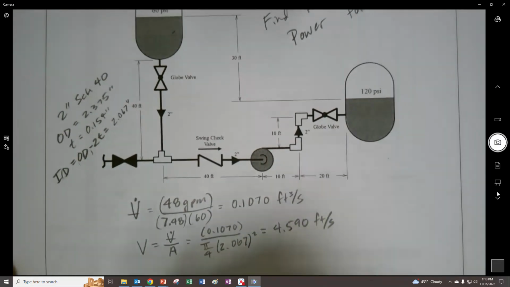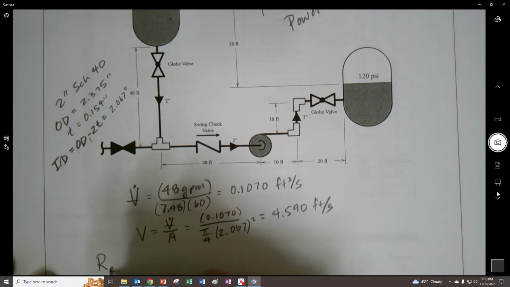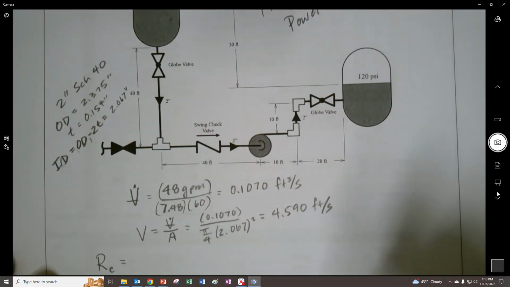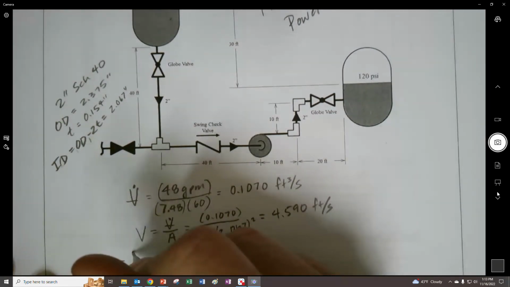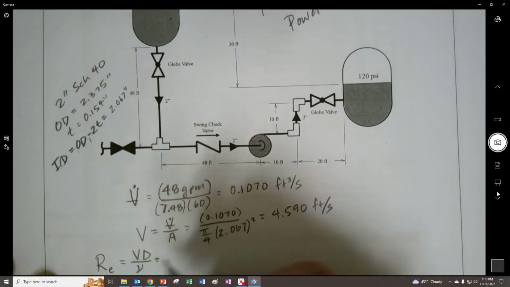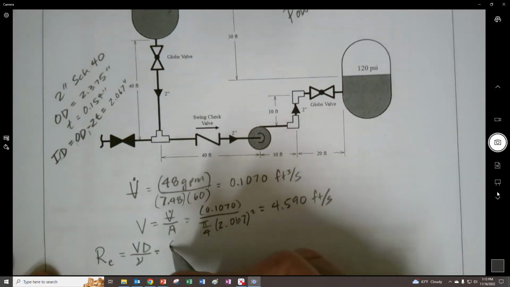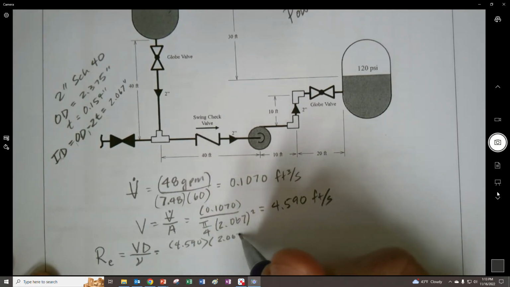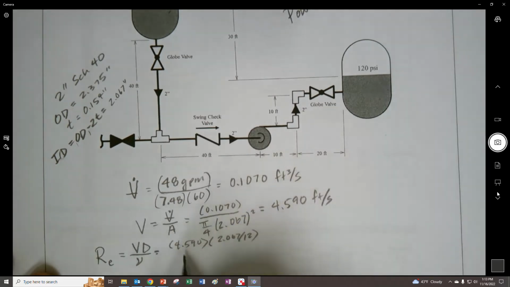Now find the Reynolds number to determine whether we're in laminar or turbulent, and we can also use it for finding the Darcy friction factor from the Moody diagram. I'm going to use the version of Reynolds where we take the velocity times the diameter and divide by the kinematic viscosity. It saves us an itty-bitty amount of time. So 4.590 times the diameter, 2.067, but it needs to be in feet because this is feet per second.